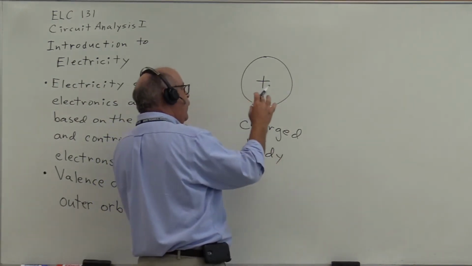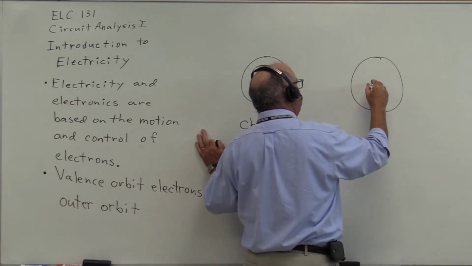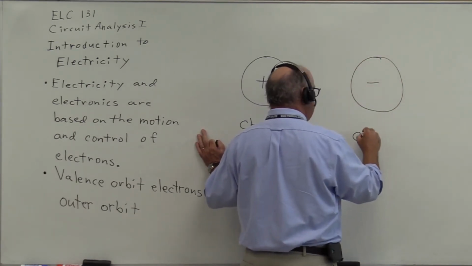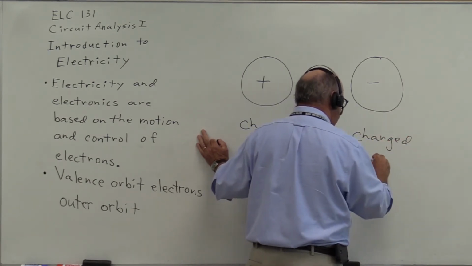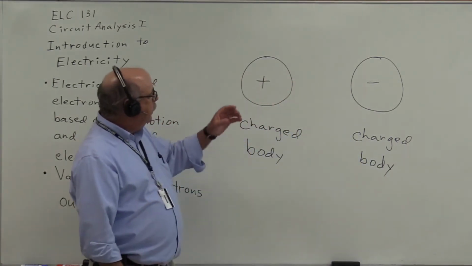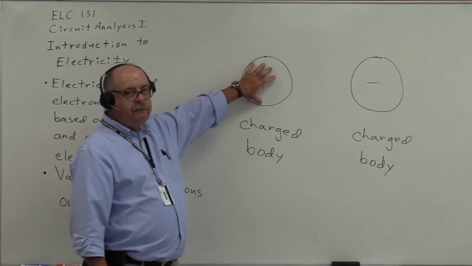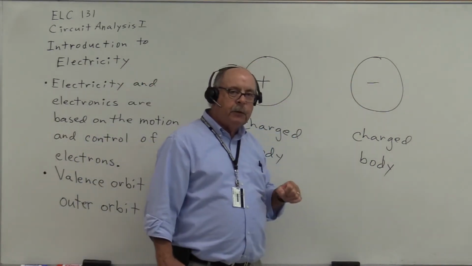And if I can somehow put all those electrons on another body, then this body would be a negatively charged body. This one has a deficiency of electrons, and this body has a surplus of electrons.